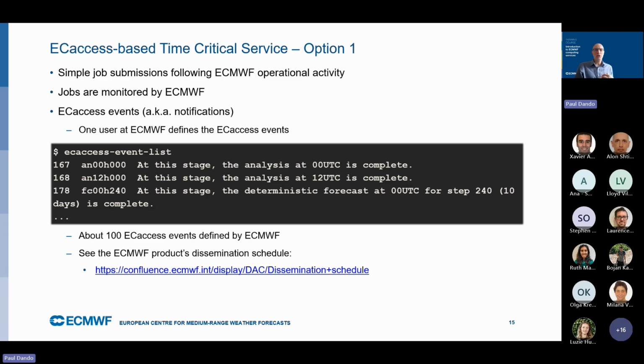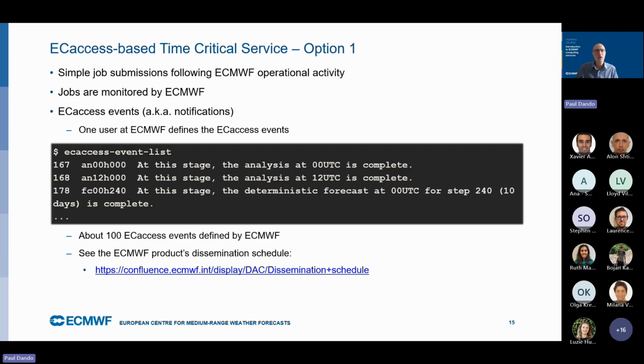These notifications are defined by a user at ECMWF. In most cases, for the events tied to the ECMWF's operational forecasts, it will be the user that we use to run ECMWF's operational forecast. They will have defined a set of events, and there are some of them shown here, which you can see with the ECaccess event list command.